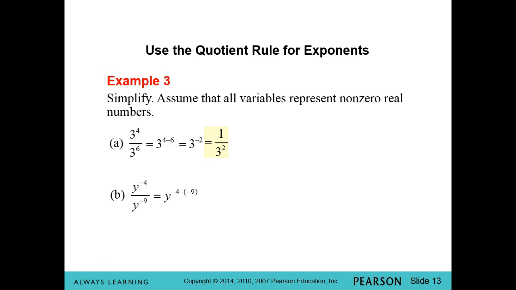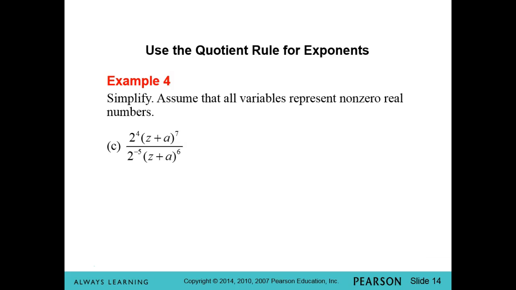You subtract, you keep the base. Anytime you're dividing same bases with different exponents, keep the base, the numerator's exponent minus the denominator's exponent. And minus a negative number makes it positive. That's y to the minus 4 plus 9, y to the 5th.